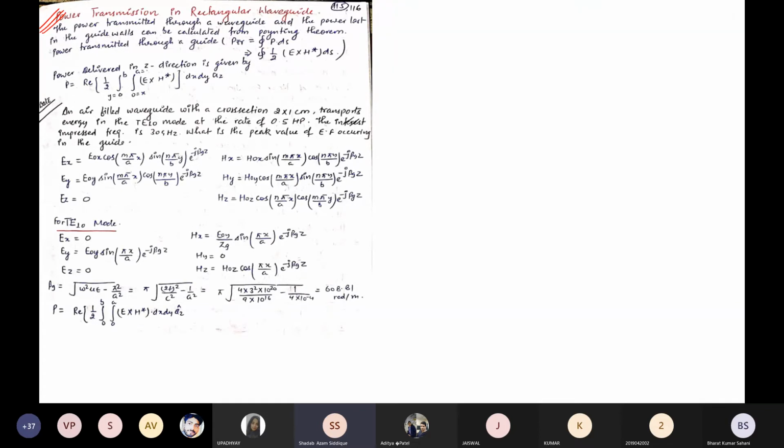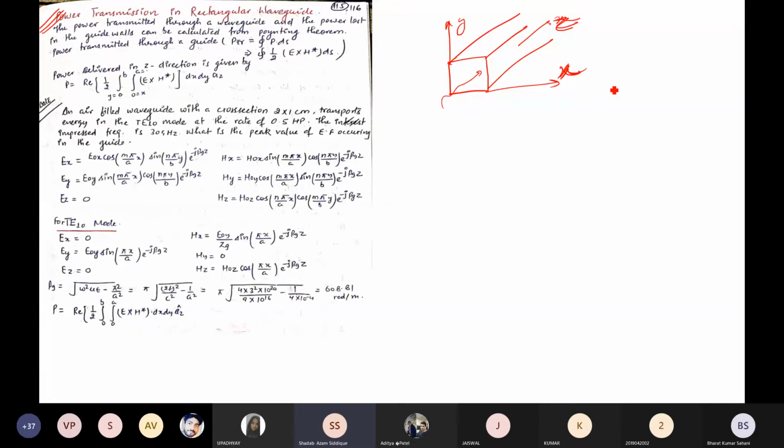So we have a waveguide, with power transmitted through the waveguide in the z direction, and power lost in the waveguide wall. At the waveguide wall there is a loss of power, which can be calculated from the Poynting theorem.